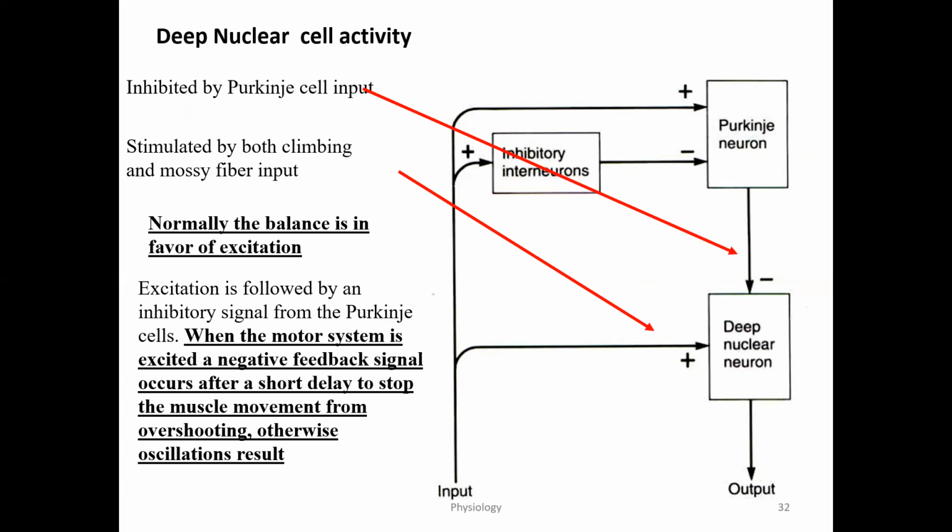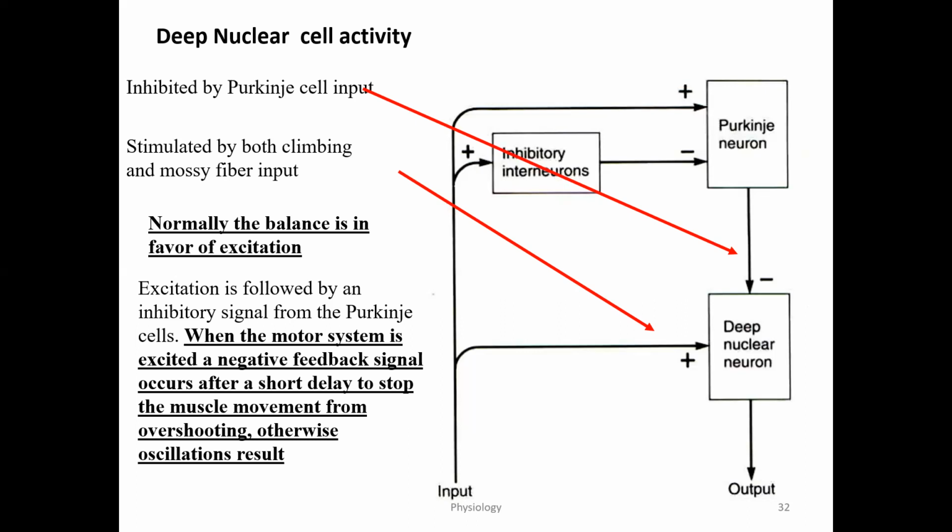But in damage to the cerebellum, there is overshooting, meaning the person suddenly hits himself. Or you can ask the person to do the finger to nose test. A normal person can touch the finger to the nose, but in cerebellar damage there is overshooting, meaning the finger goes beyond the point of target, beyond the nose. That is called overshooting.